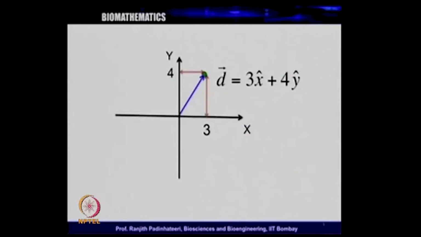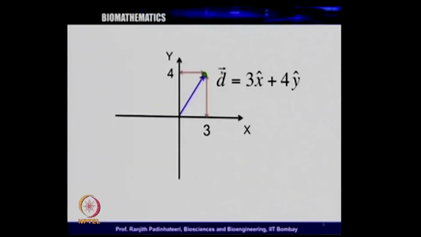How do we tell the position of this particular point? Starting from 0, 0, which is the origin, you have to go 3 units along the x-axis and 4 units along the y-axis. Then you will reach this position of the green dot.